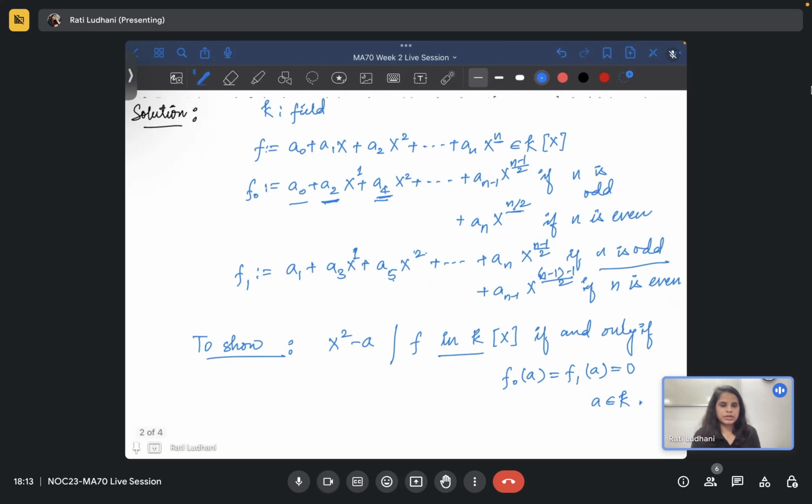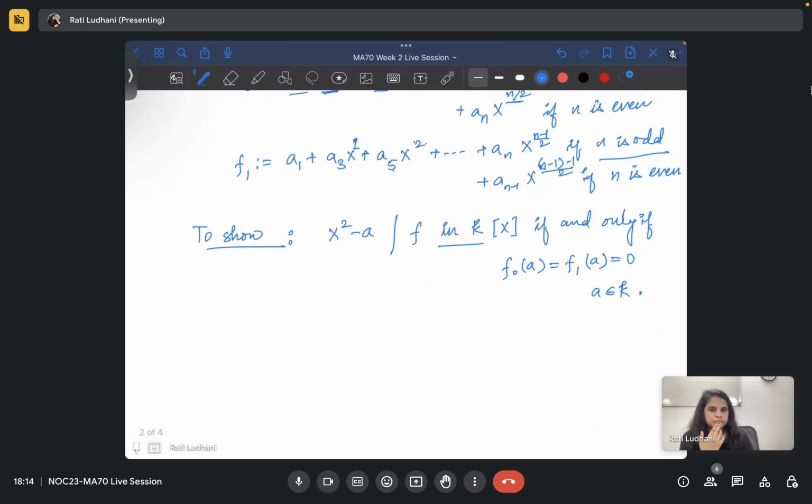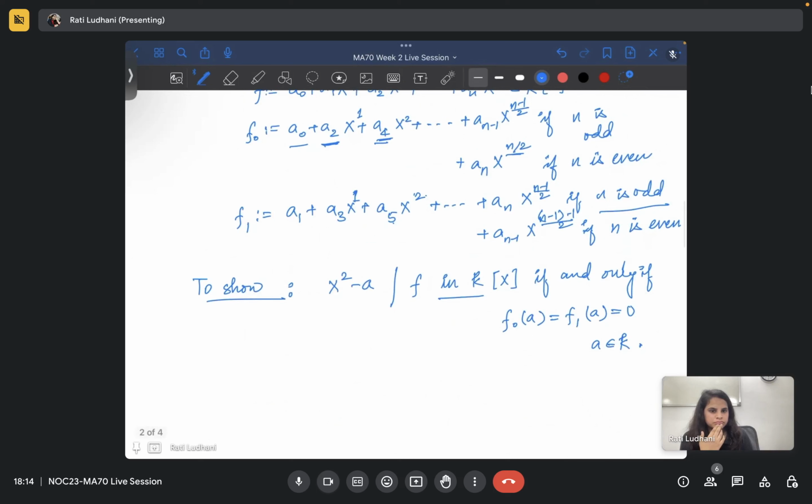Do you get some intuition regarding how this is turning up? Can anyone tell me how I should realize these f0 and f1 in terms of f? Can anyone give an idea? Ma'am, if it divides, that polynomial has some odd coefficients and even coefficients, so we can split that polynomial into two polynomials, a sum of two polynomials.